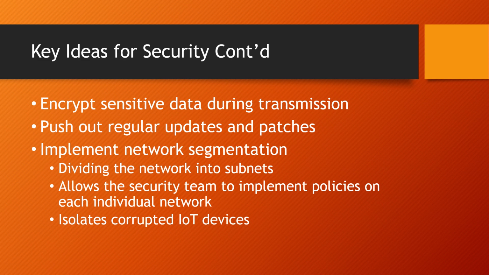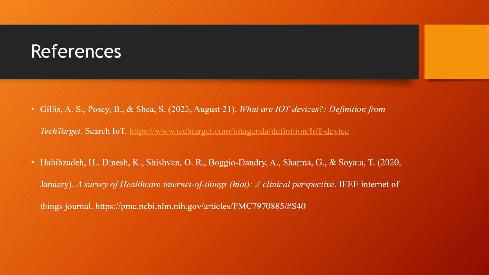So basically it divides the network into subnets, and each one of those subnets is its own independent network, and this allows the security team to implement policies on each one of those, and also isolates corrupted IoT devices from any IT equipment to prevent the spread of malware. And that is it.